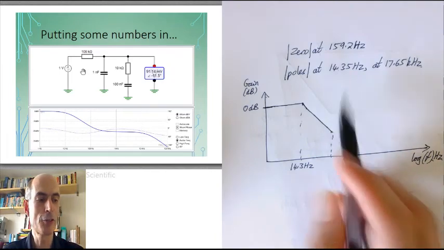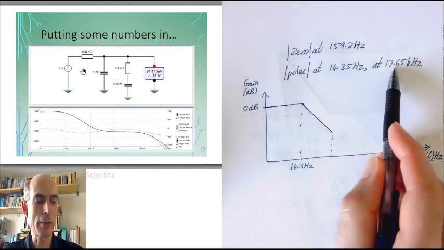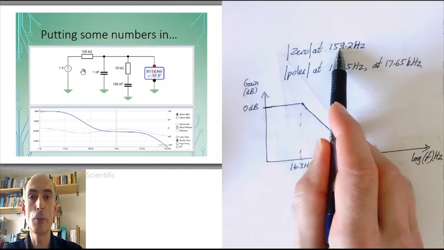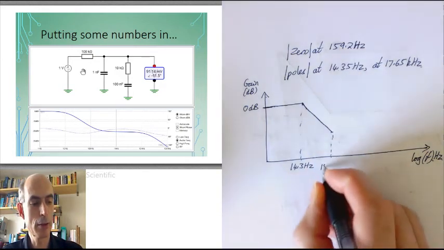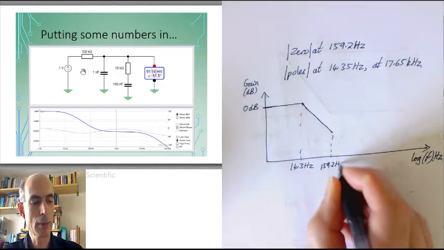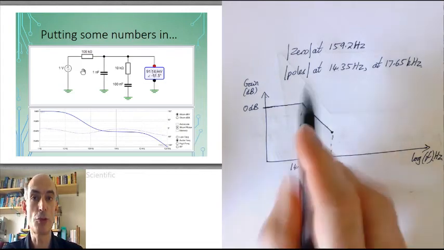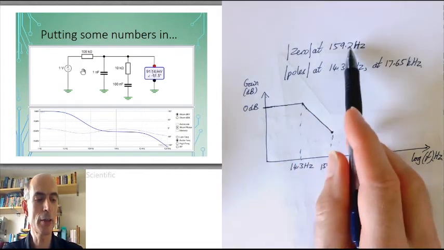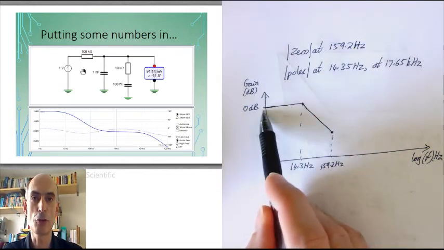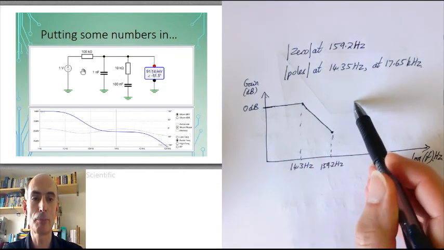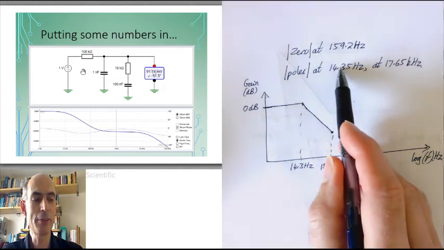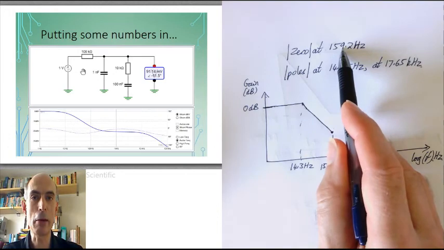per decade until you get to the next break frequency, which here is a zero at 159.2 hertz. Now the zero switches on and starts to try and increase the amplitude response by 20 dBs per decade. So we've now got a pole pulling it down and a zero pulling it up.